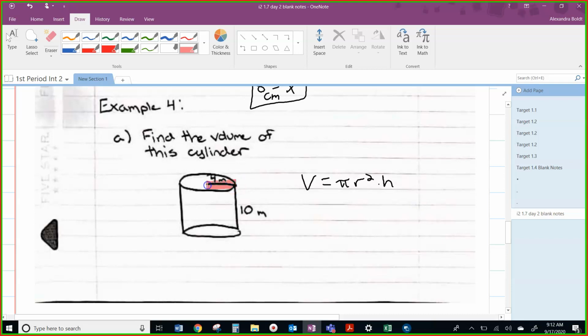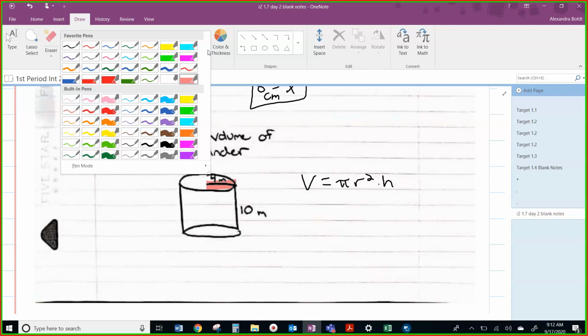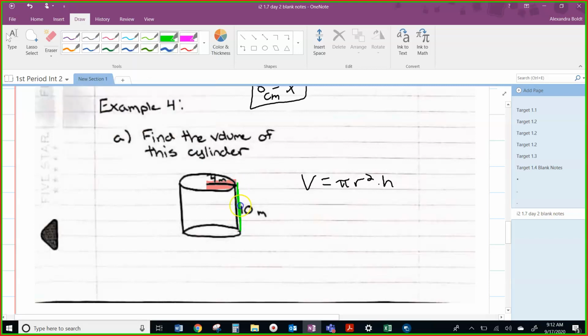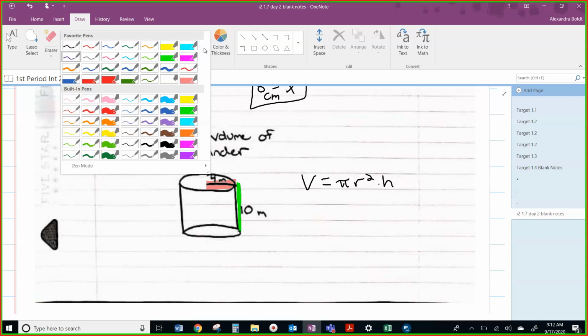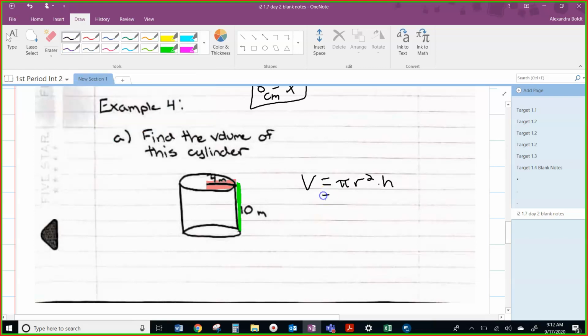Well, we have our radius here and our height here. So we get pi. Our radius is 4, squared. And then our height is 10.